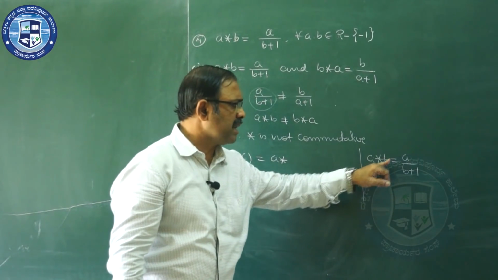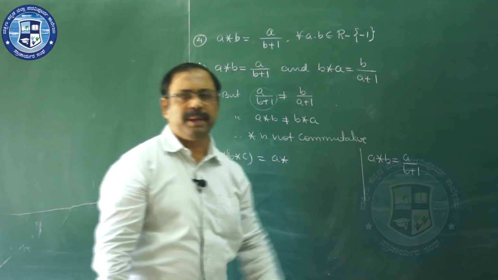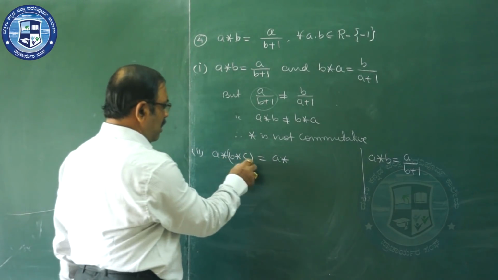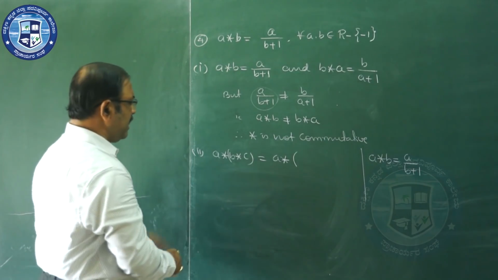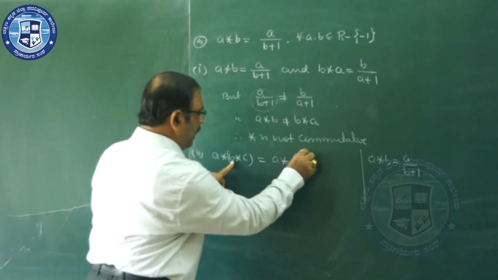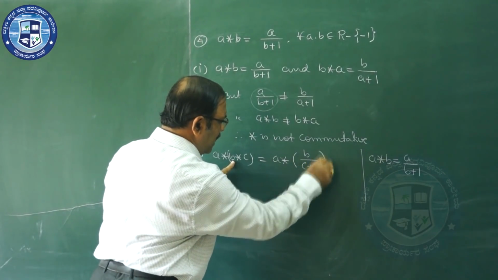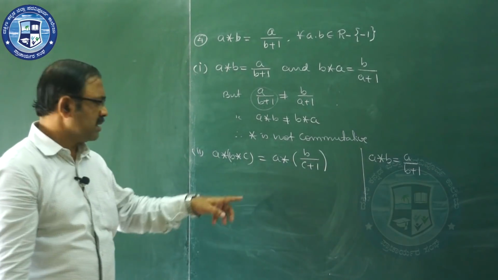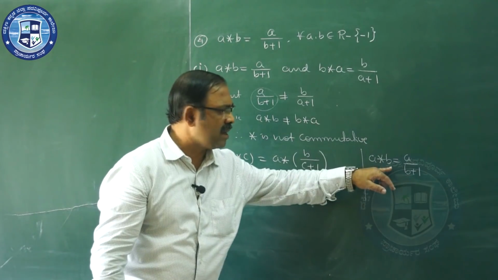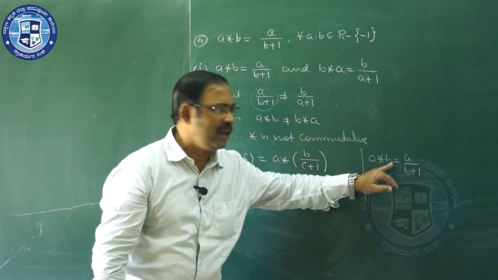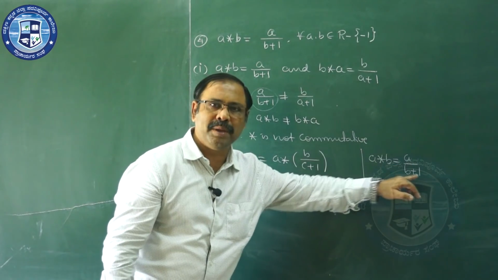Okay, A star B is equal to A by B plus 1. Therefore, what is B star C? It is B by C plus 1. Try to understand this. What is B star C? What is A star B? A by B plus 1.